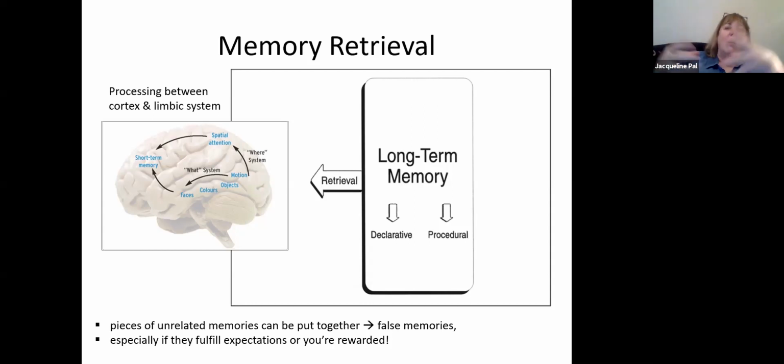And now you think all three happened at the same time. Okay. If it fulfills the expectation, my brother was mean to me my entire childhood, then you are creating that memory which really didn't exist. Or if you're rewarded for that memory, then it's the same thing. Those are false memories.